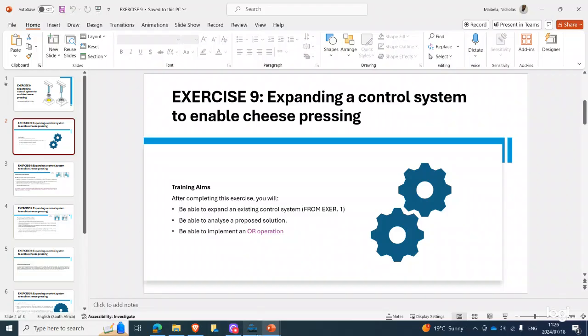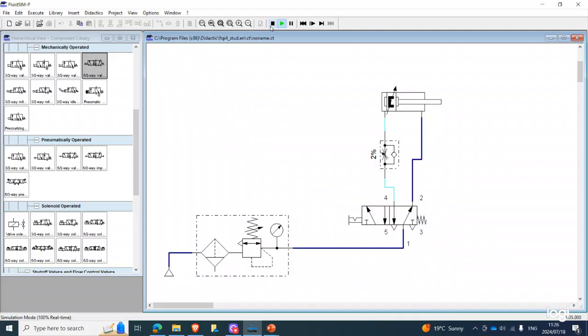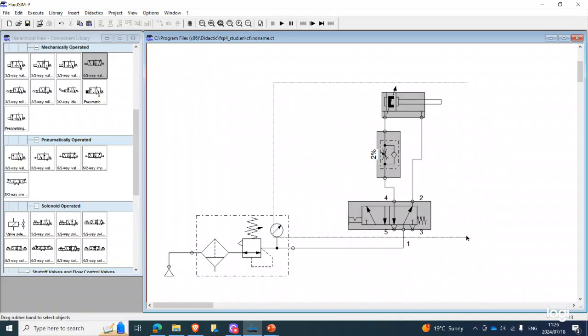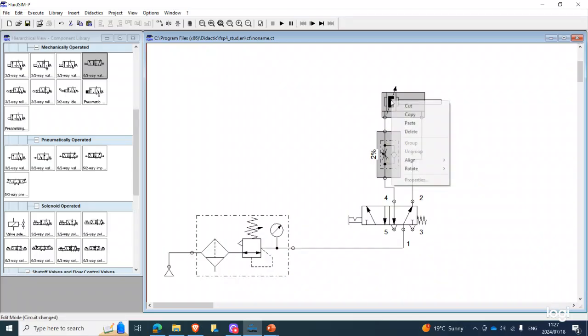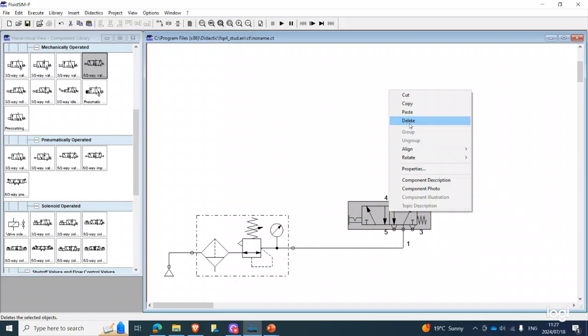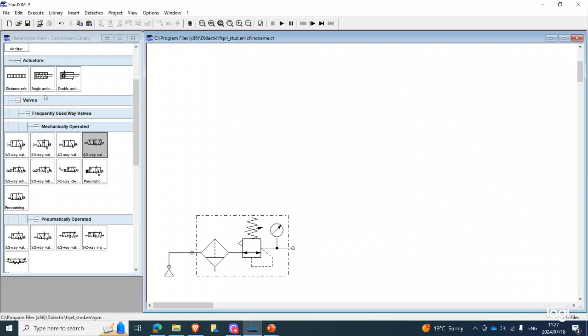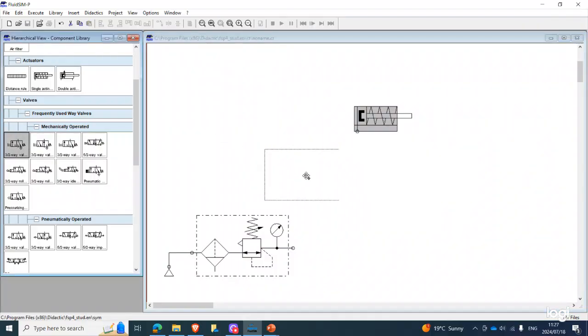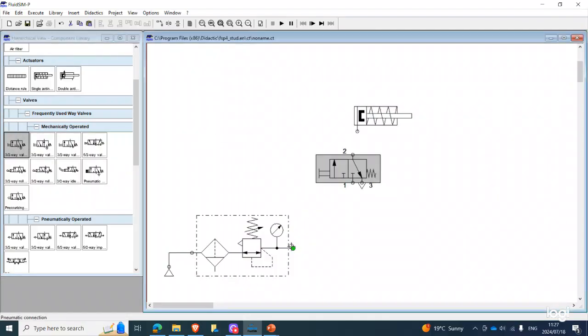Before we move on any further, I want us to redraw the circuit from exercise number 1. So this was our circuit from exercise 1.